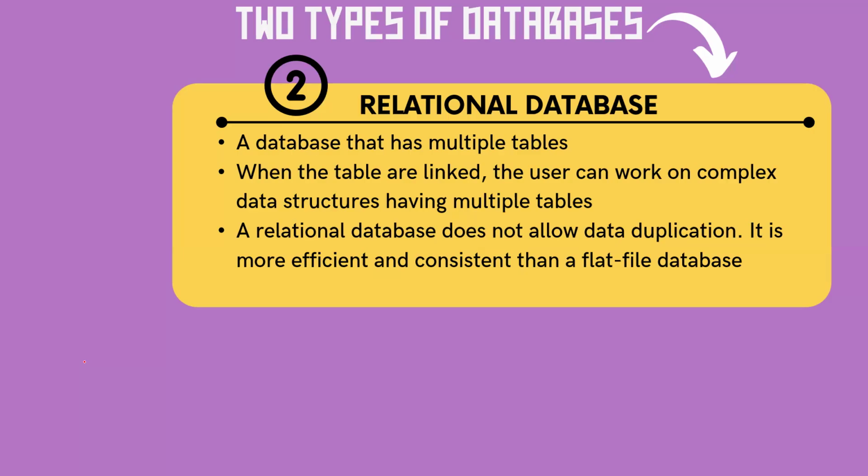The good thing is the relational database does not allow data duplication. That's important for us, because we don't want to write anyone's data again and again. And it is more efficient. Why more efficient?